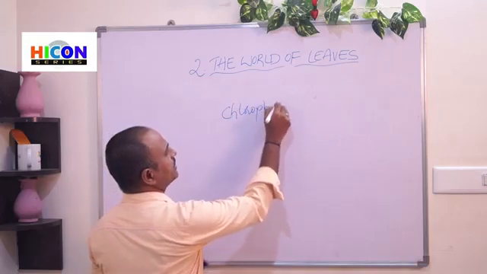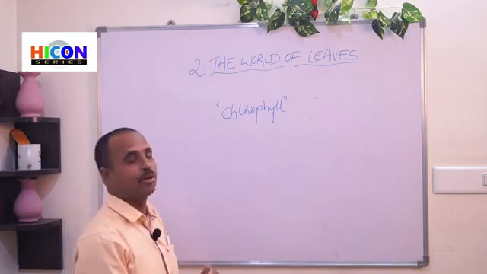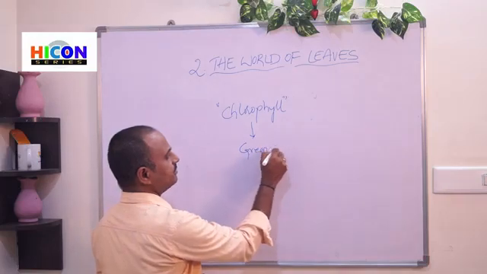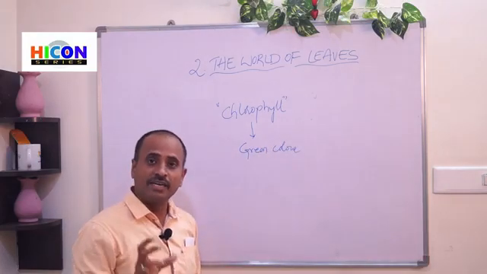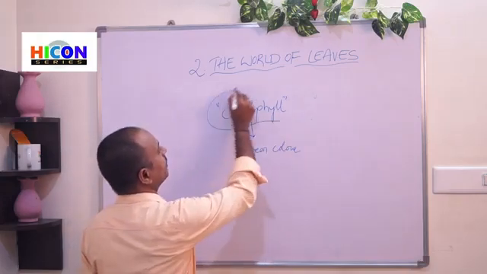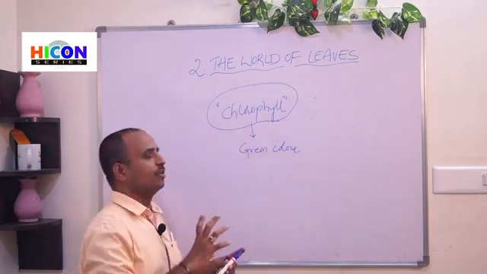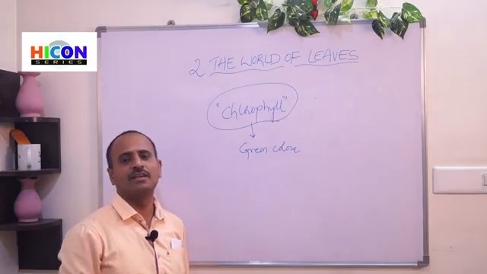Because of this green color pigment chlorophyll, the leaves are green in color. If the chlorophyll is absent, the leaves are not green.